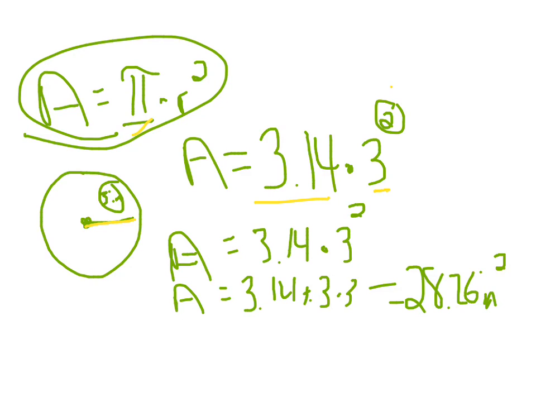My calculator does not have the squared button. Typically on a scientific calculator there's a little button with an X with a little 2. If you have that button you can use that, but mine doesn't, so I know that 3 squared actually means 3 times 3. Plug that in and I get 28.26 inches squared.